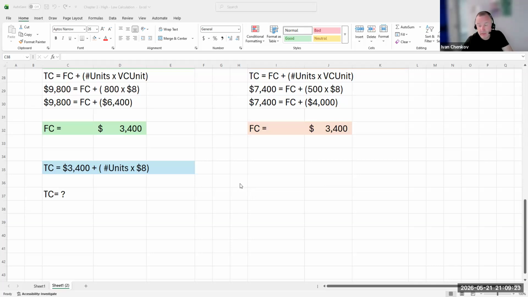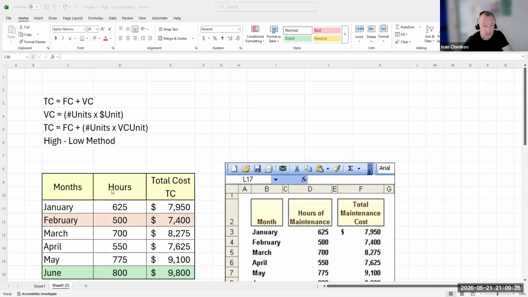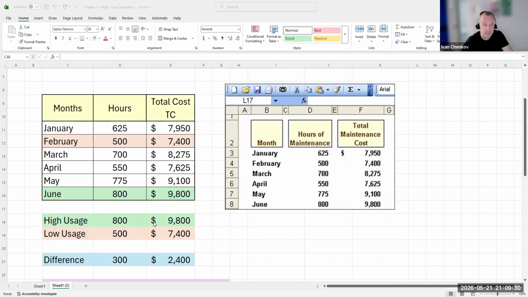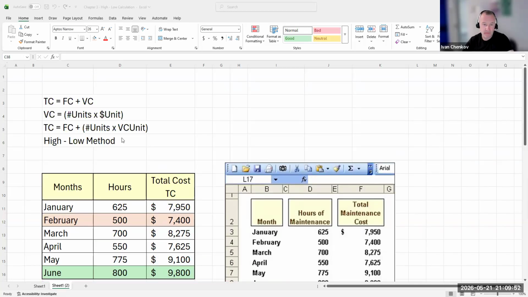Yesterday, what I did is I pasted this one in ChatGPT and asked ChatGPT, using the high-low method, can you tell me what will be the cost if the usage is 1,000 hours? And it worked. So if you want, try it. If you don't, I can post you the video from yesterday and you can watch it later.